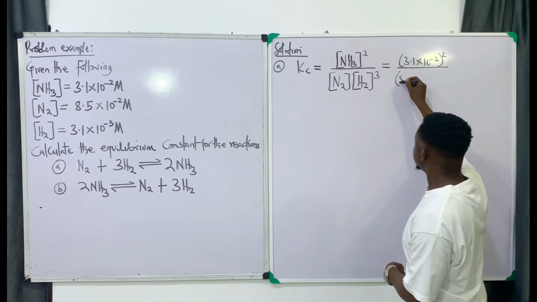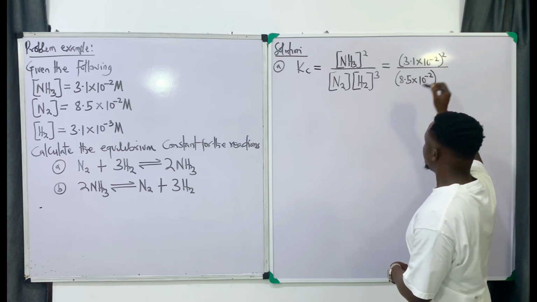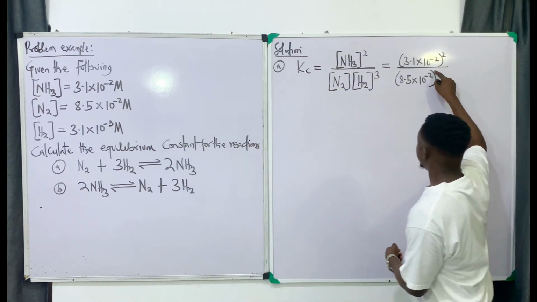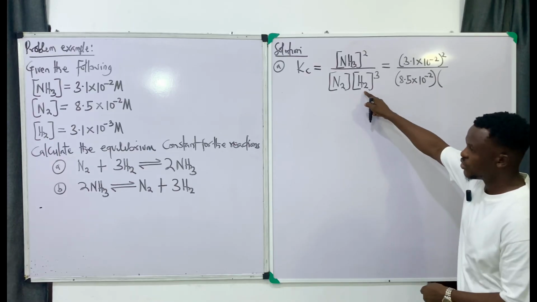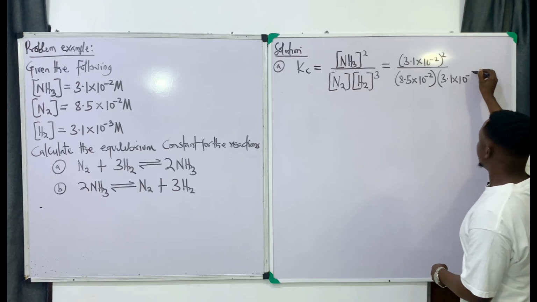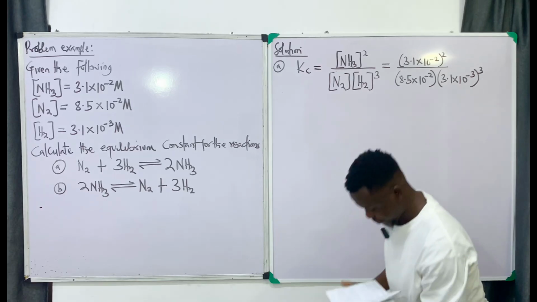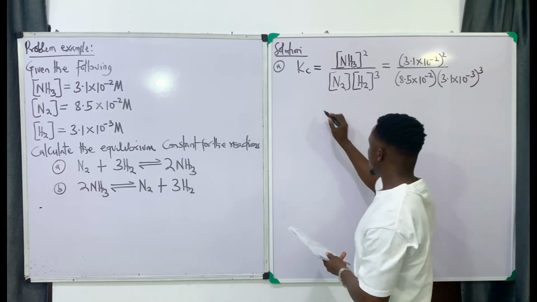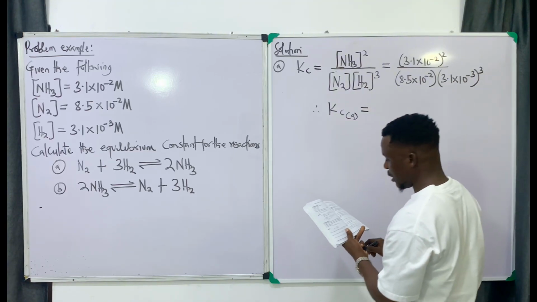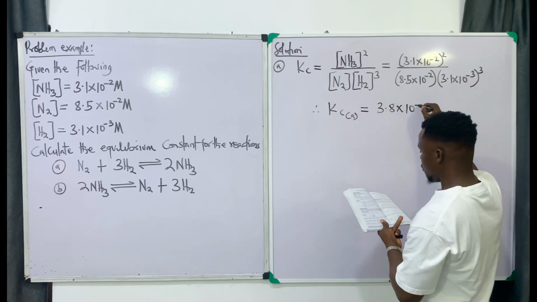Nitrogen is 8.5 times 10 raised to the power of minus 2, and we are not going to raise it to anything because that's 1. Hydrogen is 3.1 times 10 raised to the power of minus 3, all cubed. Now, when you press your calculator, Kc for the first reaction becomes 3.8 times 10 raised to the power of 5.